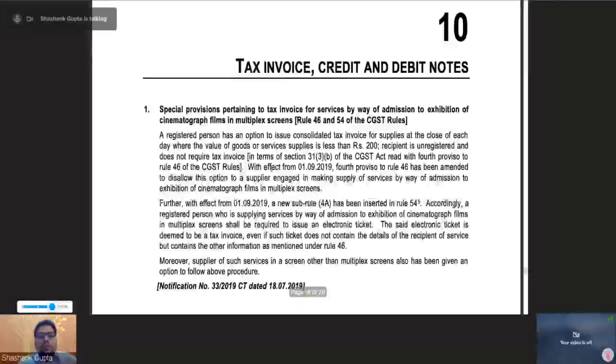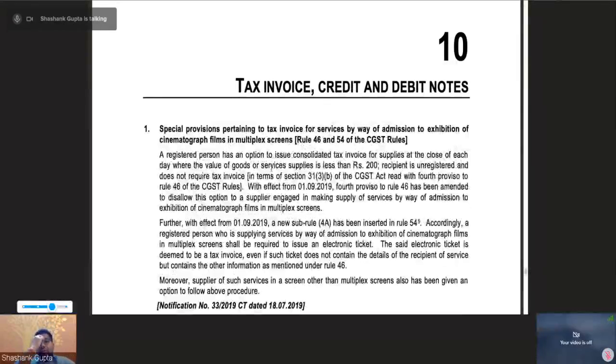With respect to tax invoice, credit and debit notes, a special provision with respect to cinematographic films and multiplex screens, this we have already discussed, that for supplies below value 200, there is an option that you can issue a consolidated invoice, but that option has been taken away from multiplex screens.